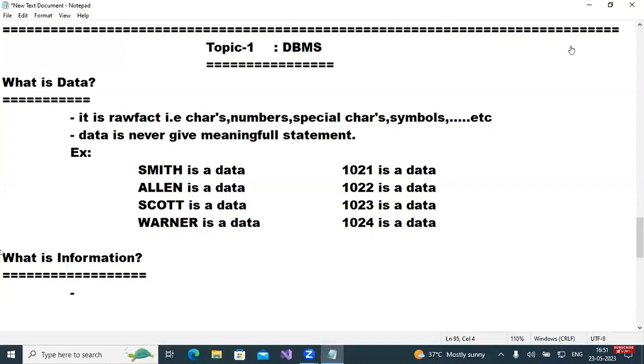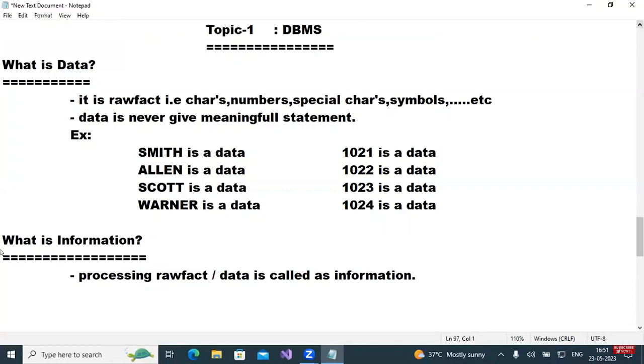Simply remember, information is nothing but processed data, or processed raw fact. Processed data is called information.